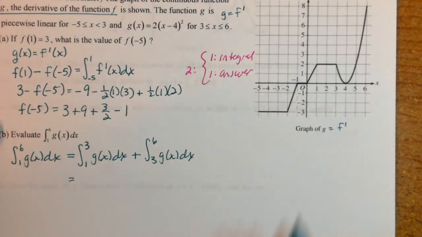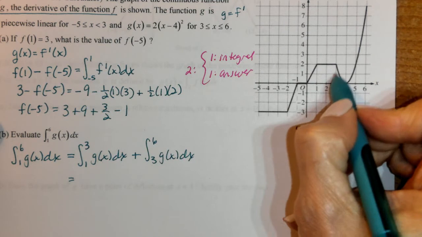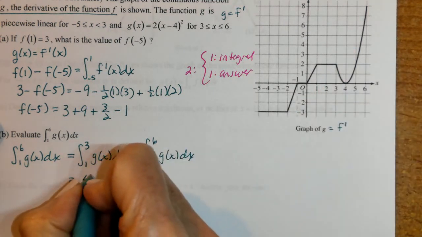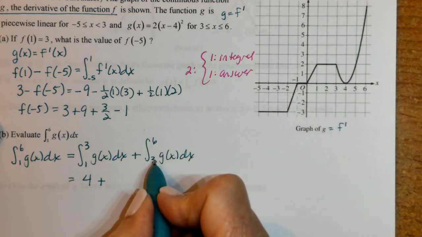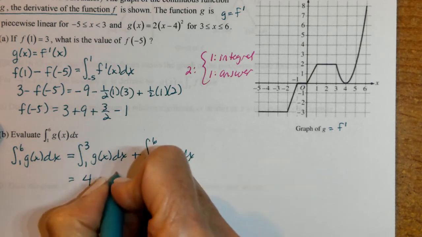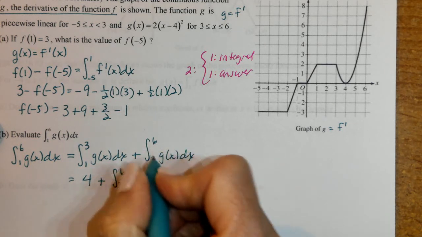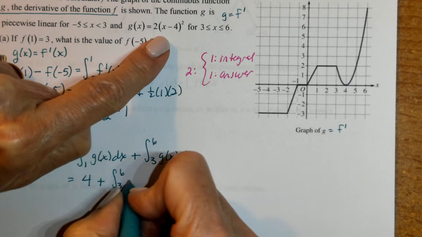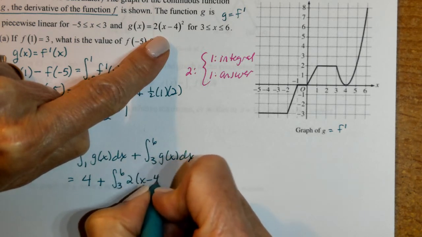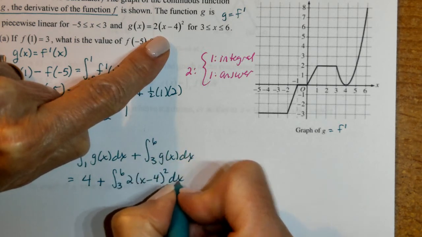From 1 to 3, I can just count my squares. From 1 to 3, that's just 4 square units. From 3 to 6, I'm going to need to use the function here. So the integral of 2 times (x minus 4) squared dx.